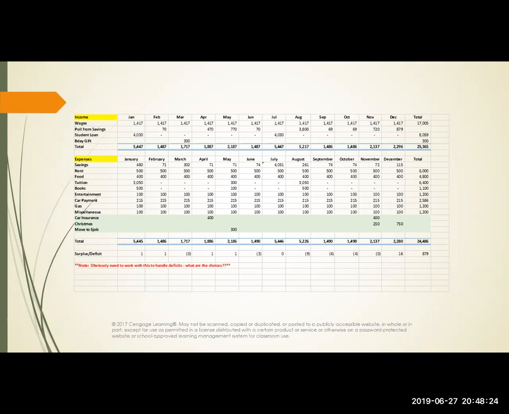And this person has got some different items of income. Wages, pulling some money over from savings, which he or she's going to need to do to meet their deficits. Student loans, they get a birthday gift in March, and then we've got a row called total, which shows the total income per month.